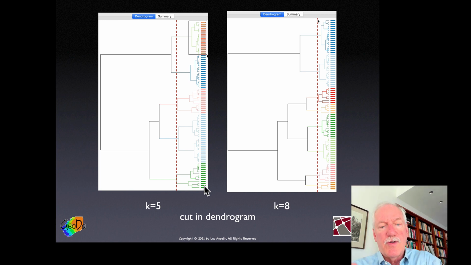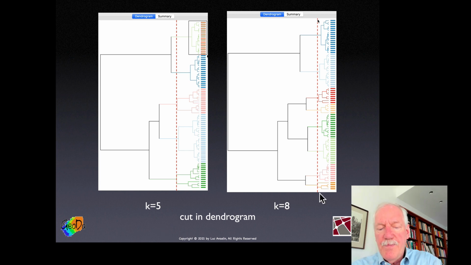In GeoDa, that also matches the color on the map, on the cluster map. So we see this is one cluster, this is another cluster, this is a third cluster, fourth cluster, and then fifth cluster. And each of these groupings shows us in great detail how the individual observations are grouped together.